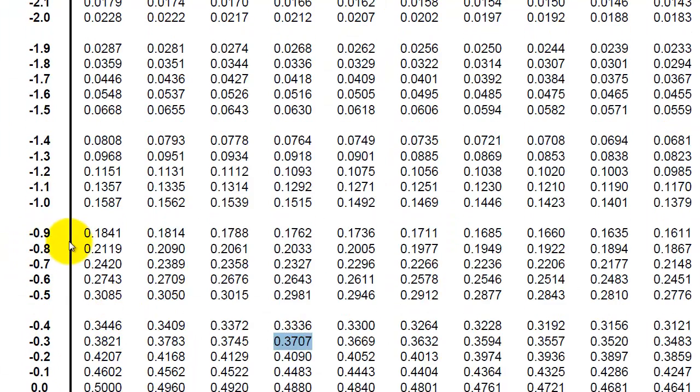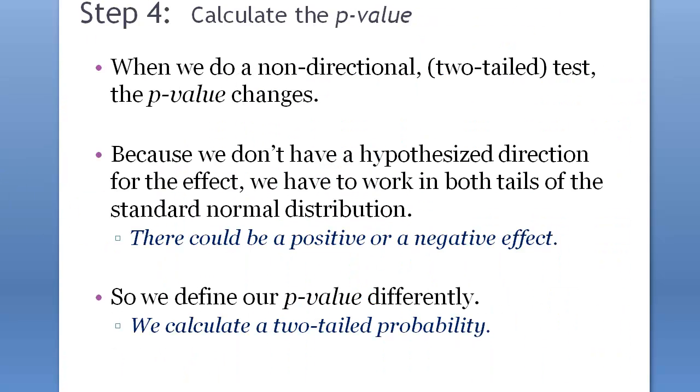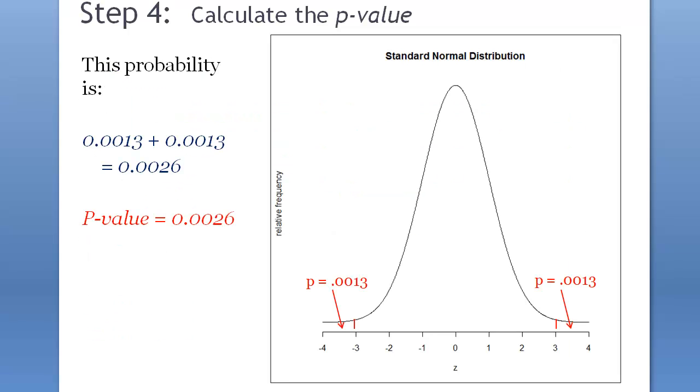So let's look at the negative 3 right here. The critical region is going to be 0.0013. The p-value for getting 92 points on the cognitive score is going to be 0.0013.